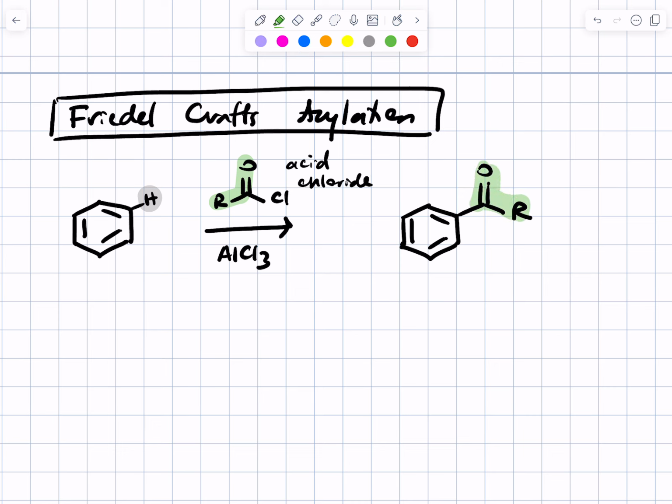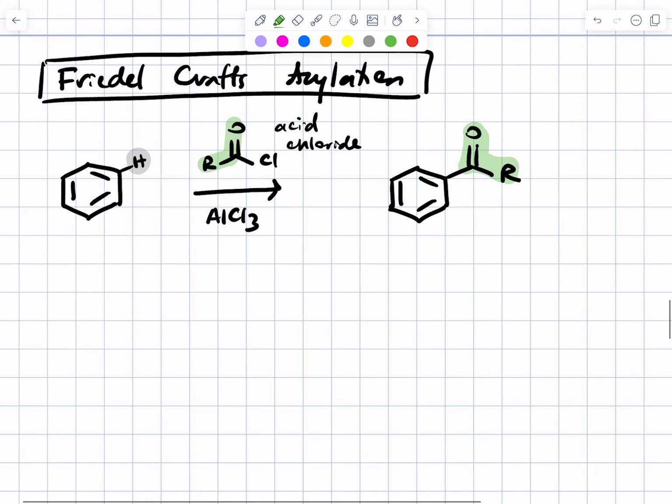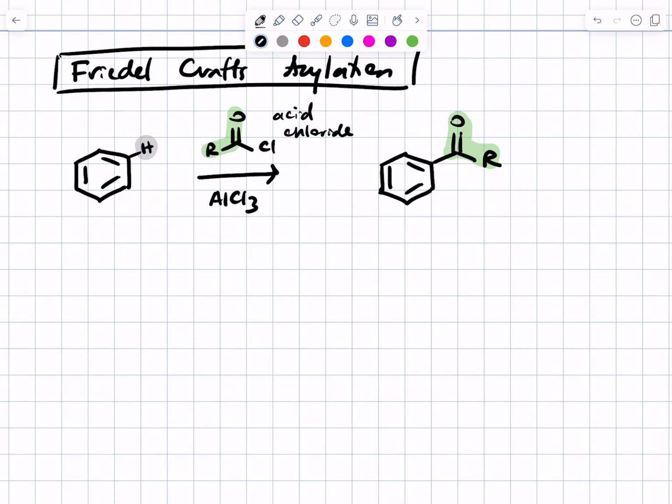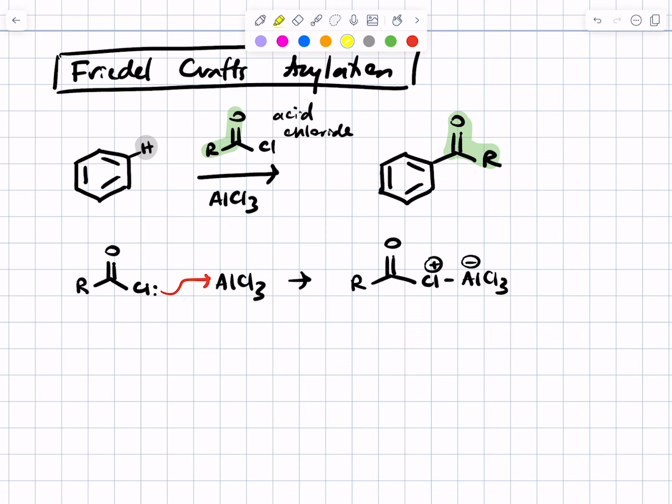And this may be the reaction that you did in the 353 lab. Like alkylation, the mechanism begins with lone pairs on the chlorine attacking the aluminum chloride catalyst, thereby turning the chlorine into an even better leaving group with a negative formal charge on the aluminum and a positive formal charge on the chlorine.